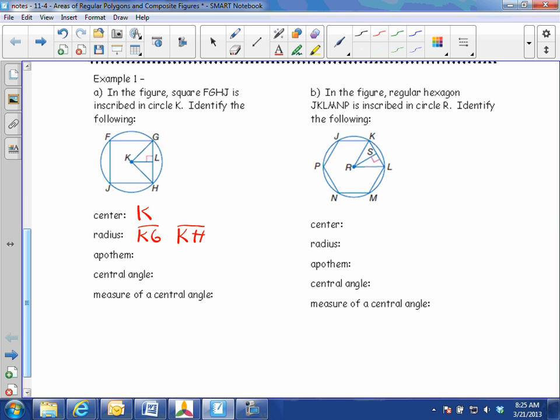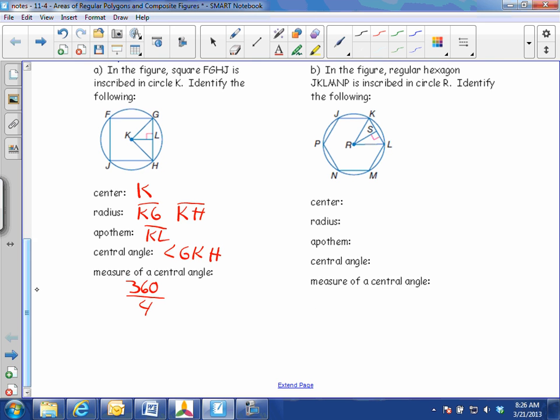What is the apothem? And name the central angle. How are we going to find it? 360 divided by 4, because we've got four sides of the square, which gives us 90.